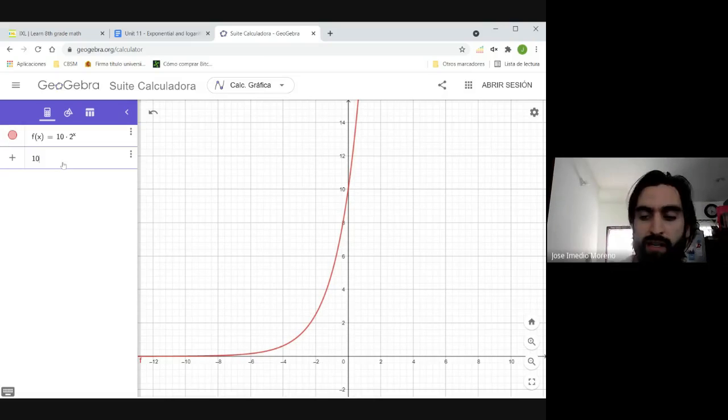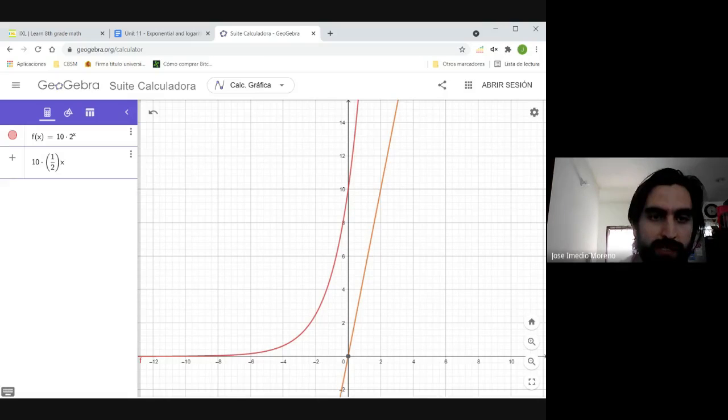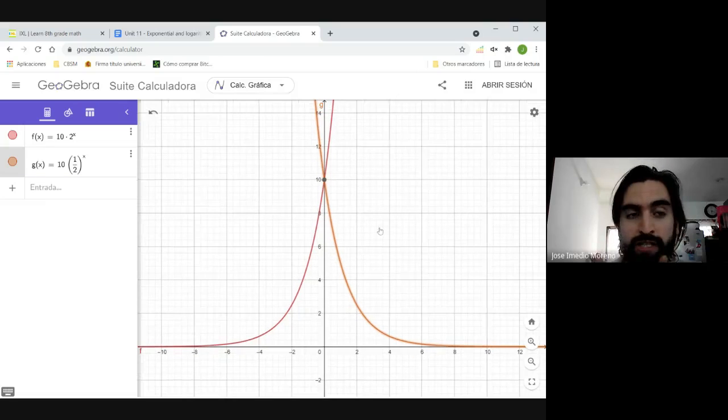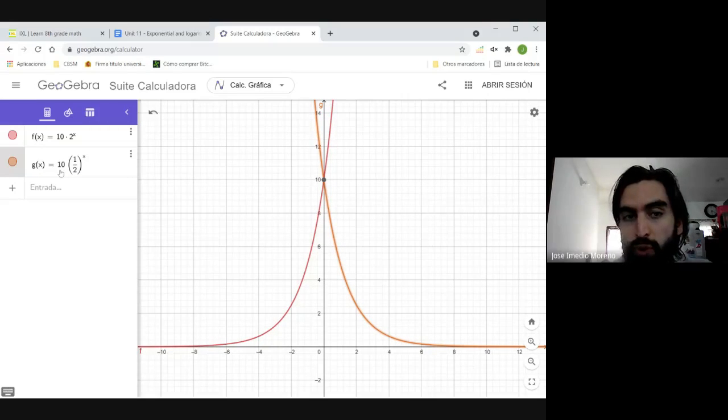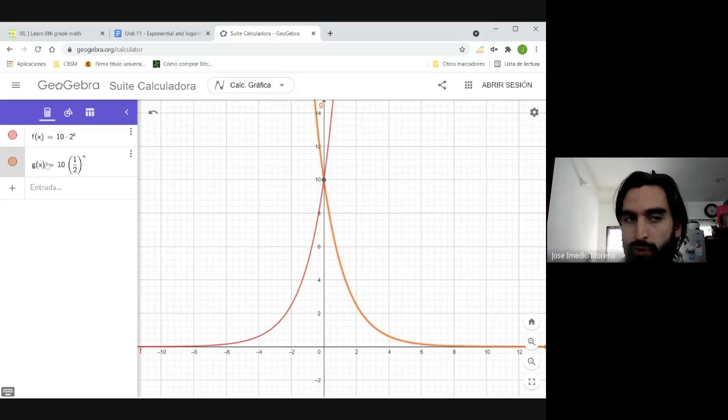And we can describe a pattern of exponential decay like this. Okay, and you can see that this 10 is common to both, so they both have the same y-intercept. They both are going to cross the y-axis at this point, at (0, 10).